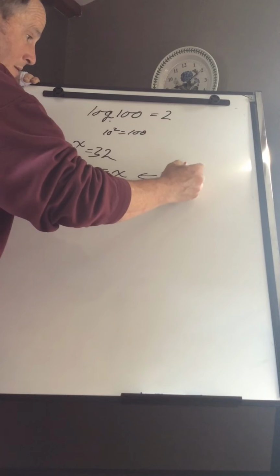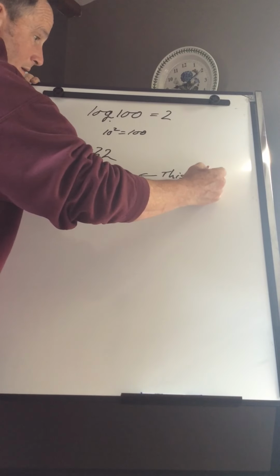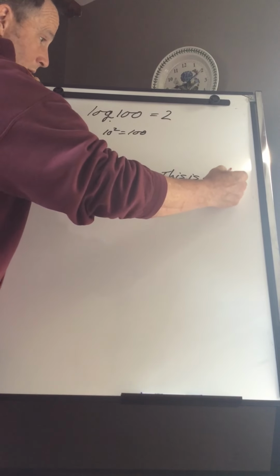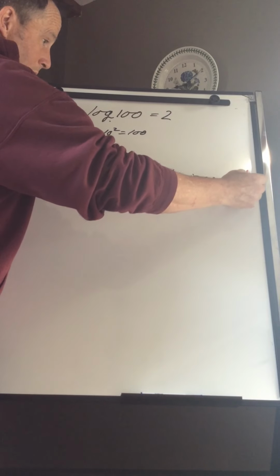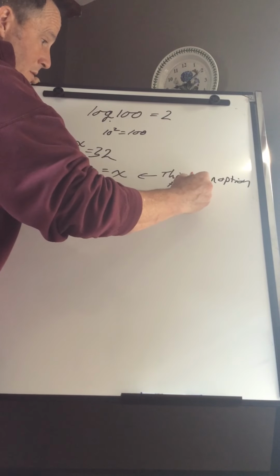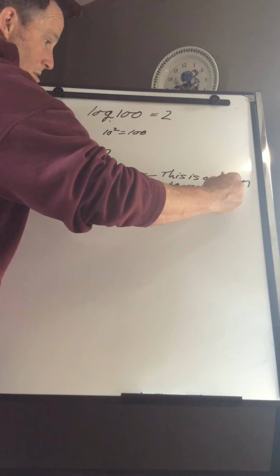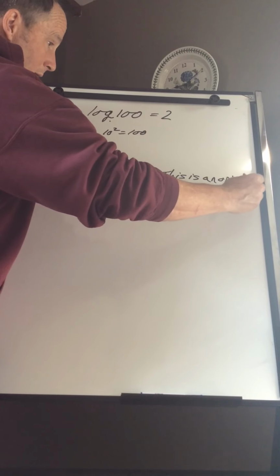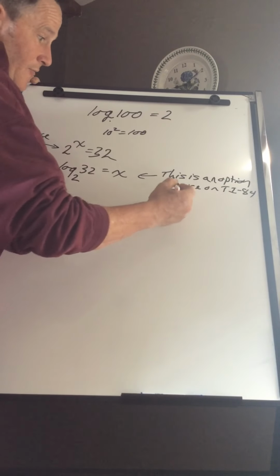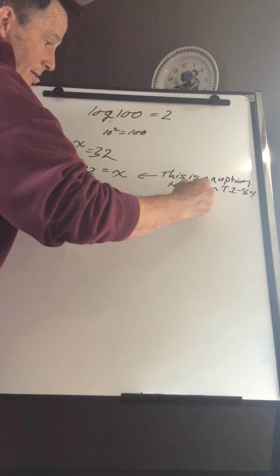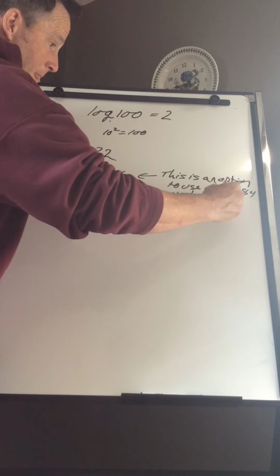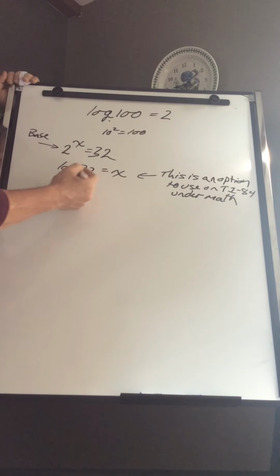In the calculator, this is an option to use on the TI-84. It is an option on the TI-84 under math. It allows you to work with logs of different bases than 10.